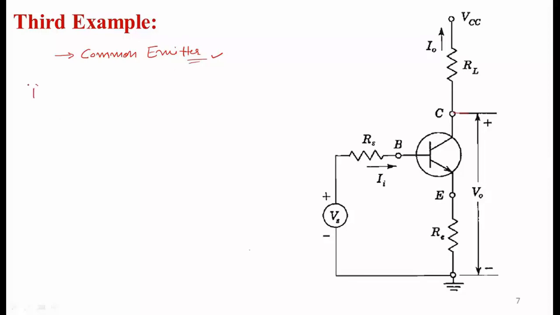So the first step is to find out the feedback component. Here we can see that the RE component is common in the input circuit as well as the output circuit. So we can say that RE is the feedback component.